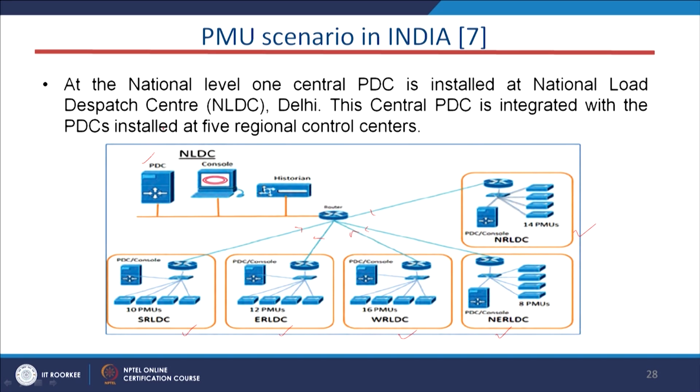There we receive all the PMU data from all 5 regional grids. PMU pilot projects are also upcoming, some PMUs are already installed and in operation, and the Government of India is also planning more PMU installation in our transmission network.